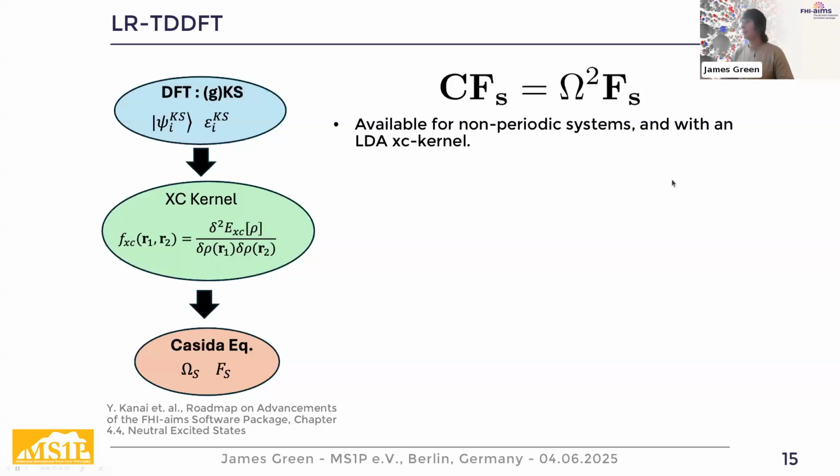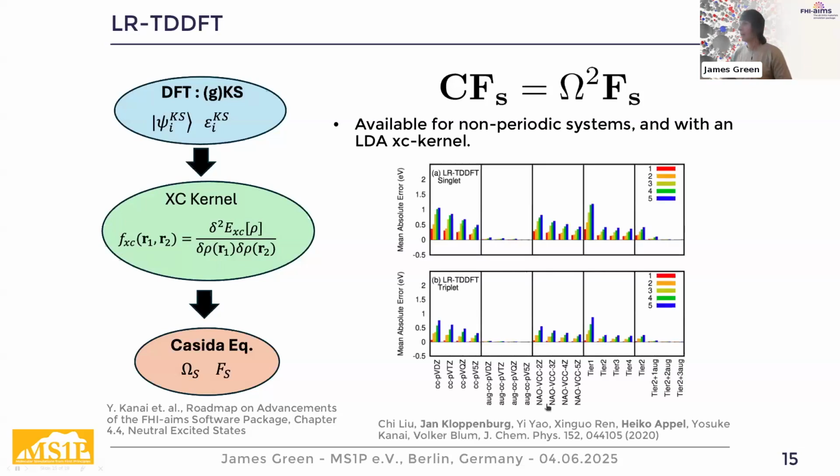This is just available for non-periodic systems at the moment with an LDA exchange correlation kernel. This implementation was also described in this 2020 paper, which had the BSE implementation, and is mainly work by Jan Kloppenberg and Heiko Abel. A tutorial for this also appears in the GW tutorial, but again, won't be covered tomorrow as the focus will just be on GW.